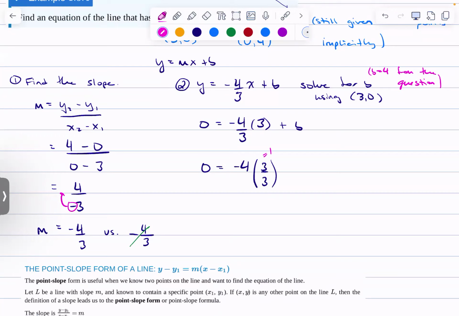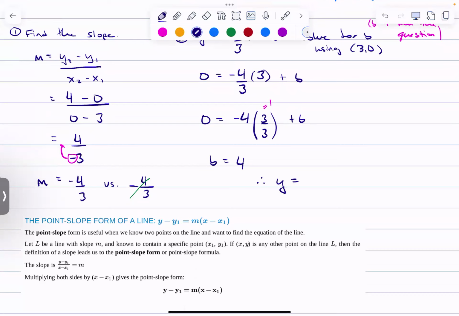They don't just go away. They morph into 1. Multiplying by 1 just goes away. Plus b. So then I have negative 4 times 1 plus b is equal to 0. And if I add 4 to both sides, I get that b must be 4.